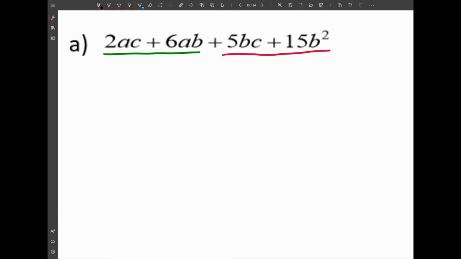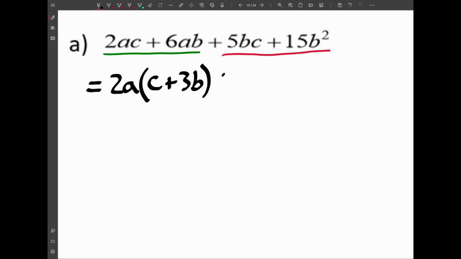So I'm going to do them separately. First, I have 2ac and 6ab. I'm just going to factor those two. They have a common factor of 2, and they each have an a, and that's it. So I see what is left. I pull out the 2a from each of those, and I'm left with c and 3b.